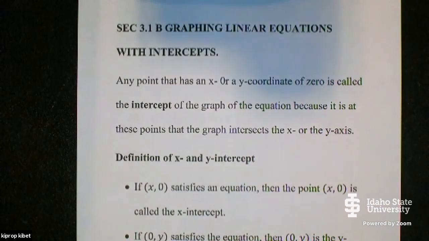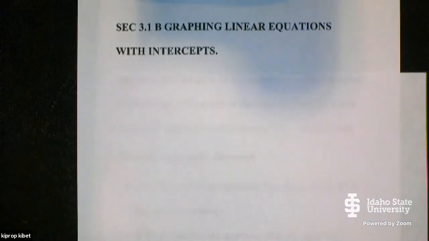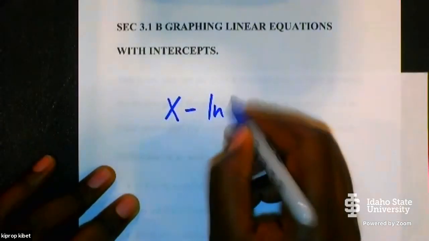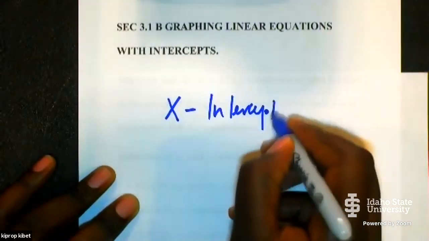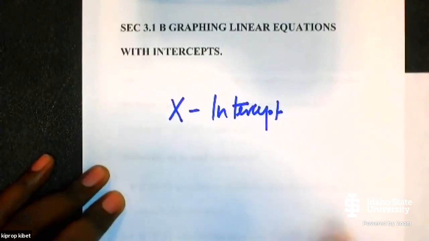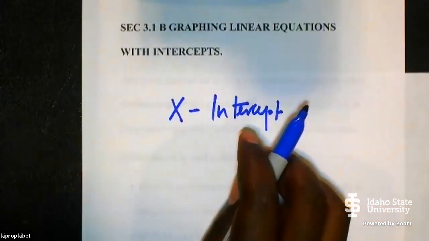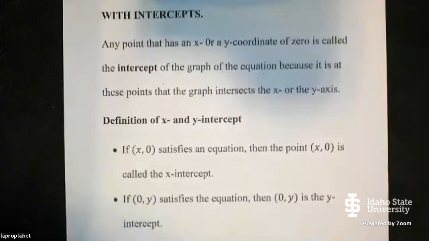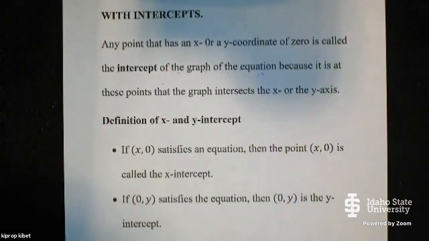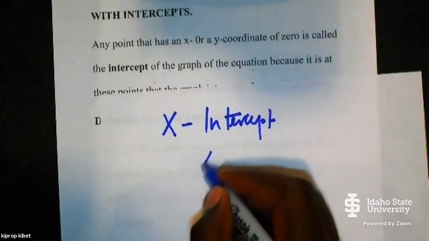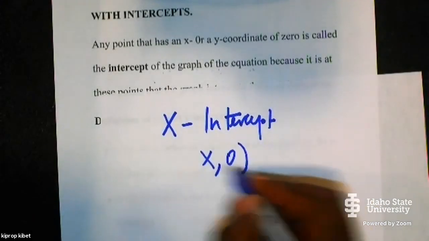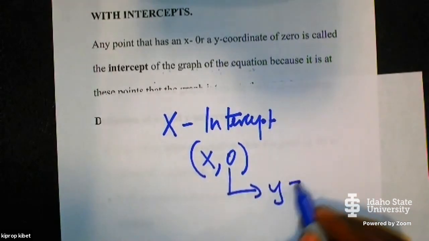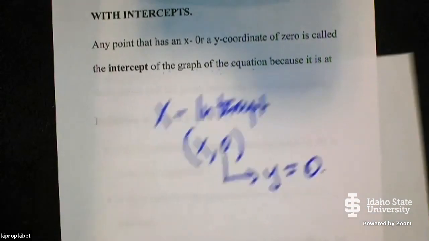So for the x-intercept, this is the point, what we call the coordinates, where y equals 0.